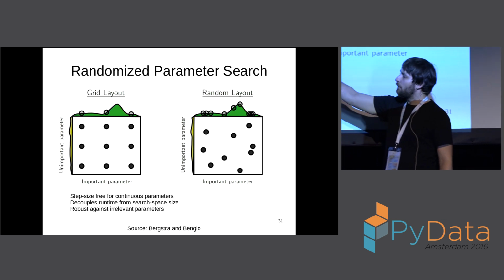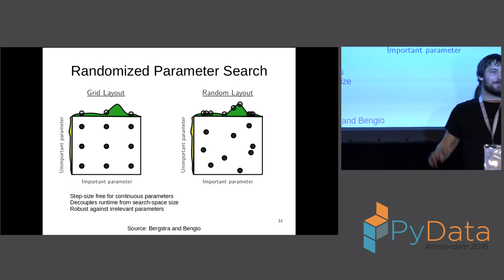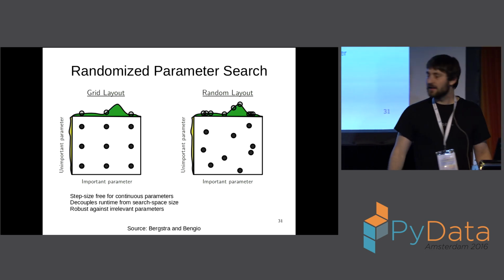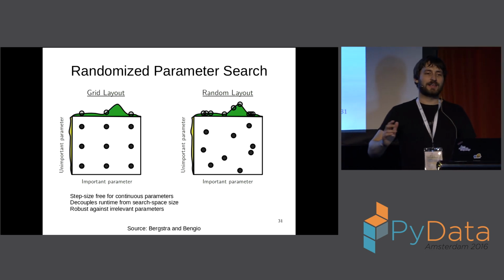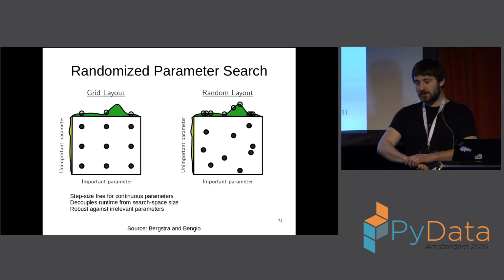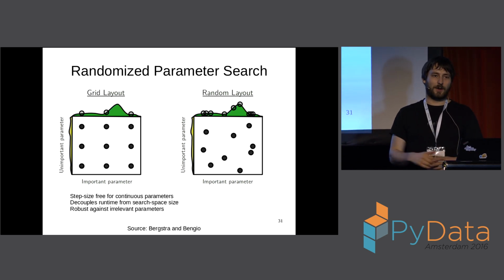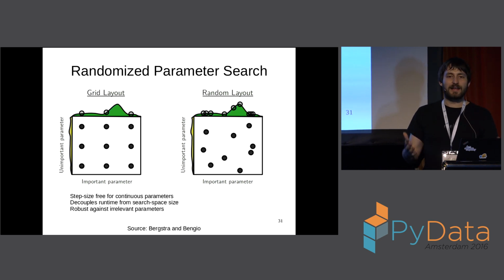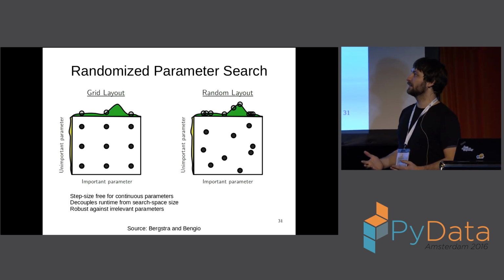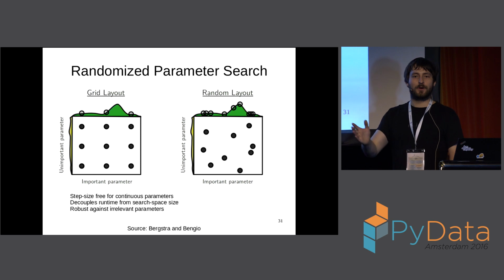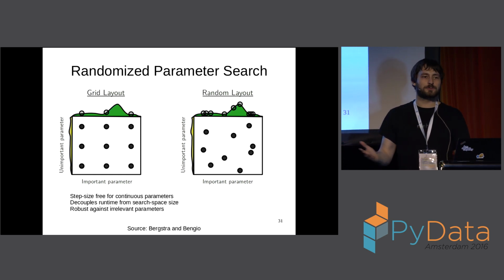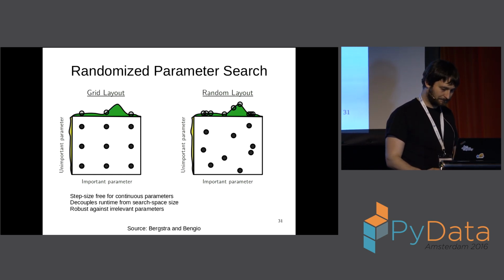Depending on how fine the grid is and how many parameters I have, this gives me the number of runs I have to do. For the randomized layout, I can just say, I want to run it until like 5 in the afternoon, and then I'm going to stop it and take the optimum, and I will get something meaningful then. If I stop grid search at some point, I wouldn't have explored the whole space, and I won't get anything meaningful.